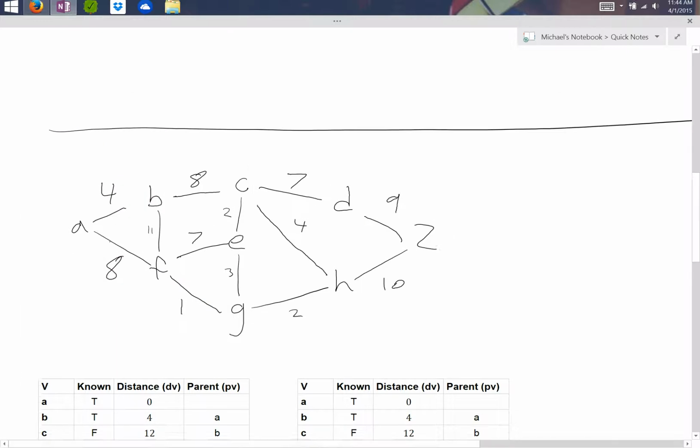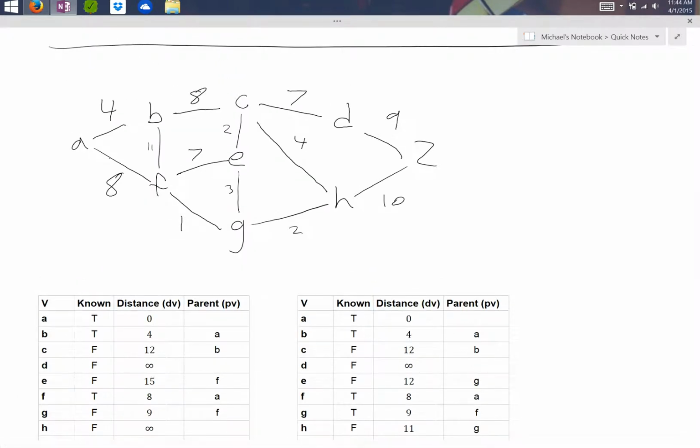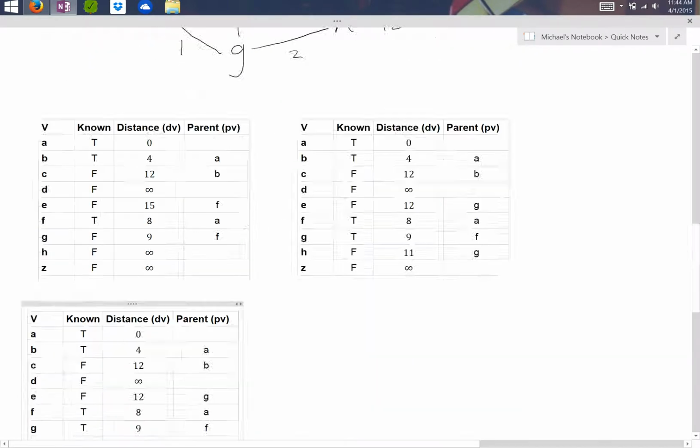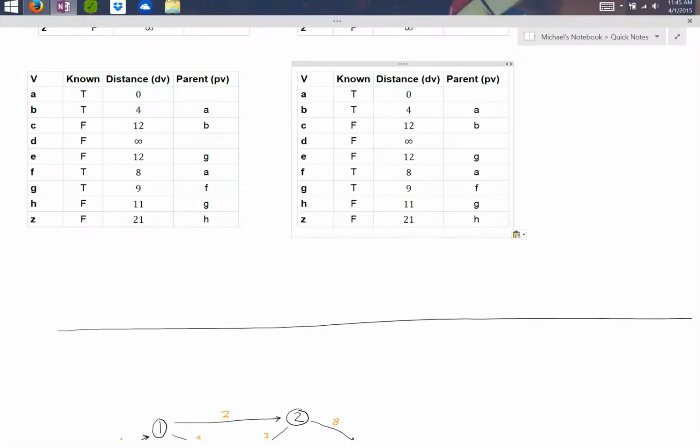And we can go up and we say, let's see, H again was 11, so 11 plus 4 is 15, and 15 is currently not less than what's at C. So we do not update C.